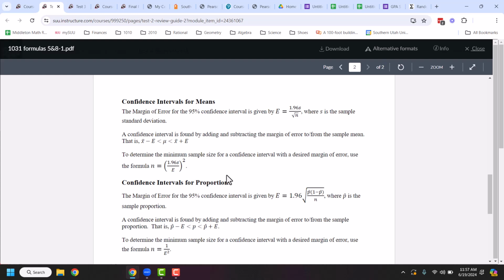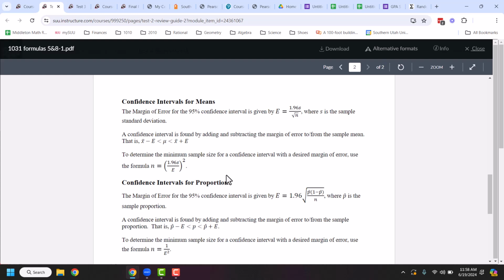So in my data set, I think that it would be most useful to do confidence intervals for means because it would be helpful to figure out what the overall mean GPA of students is, and then compare that to the mean for freshmen, sophomores, juniors, and seniors, and to figure out the confidence intervals for all of those different means.